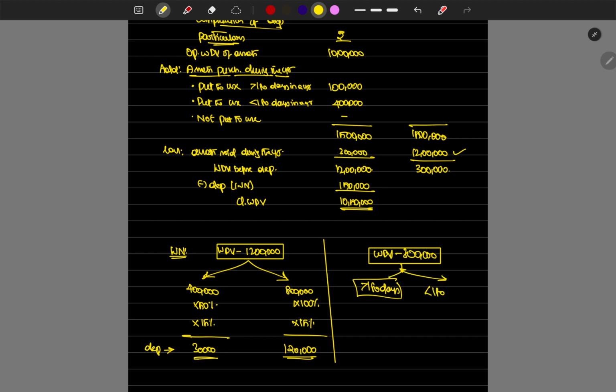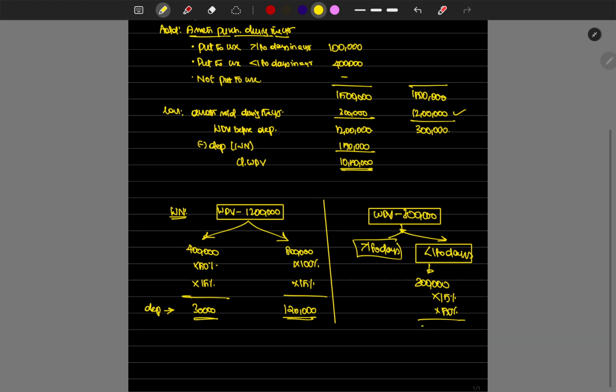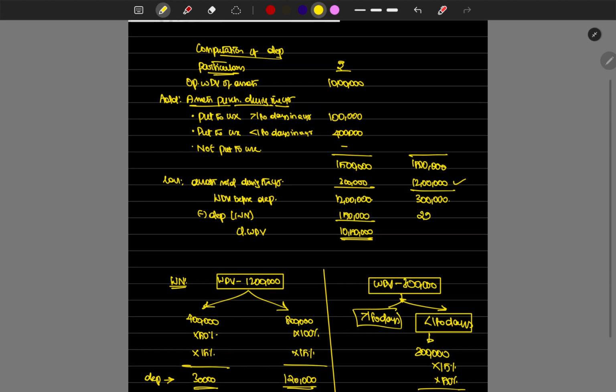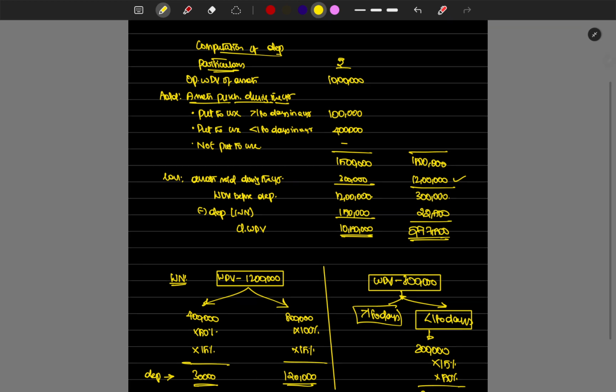The less than 180 days assets, assume that this is the 3 lakh value. 3 lakh into 15 percent into 50 percent is 22,500, the depreciation amount. Minus that, with the reasonable approach we took, the amount is 2,77,500. That's it. The problem is over.